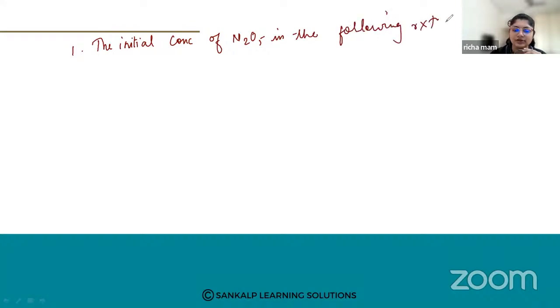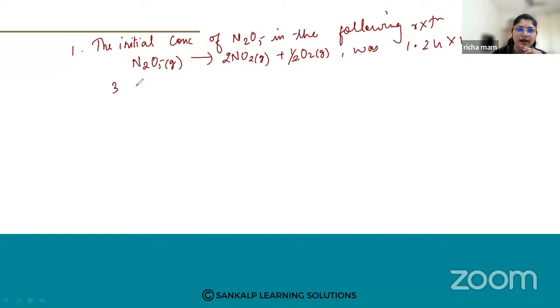The initial concentration of N2O5 in the following reaction, the reaction is N2O5 gaseous giving you 2NO2 gaseous plus half O2 gaseous, was 1.24 into 10 raised to minus 2 mole per liter at 318 Kelvin.